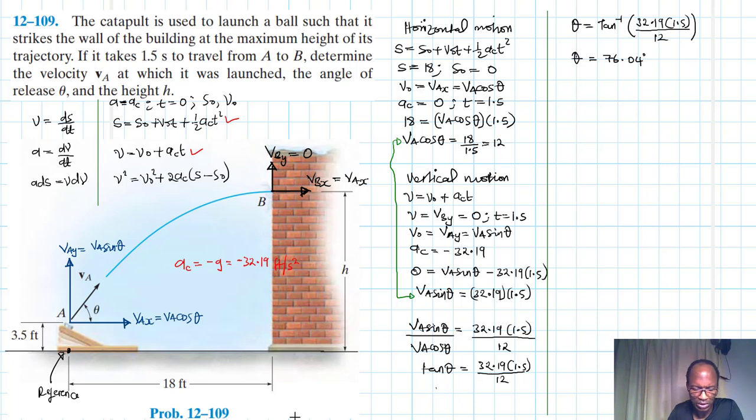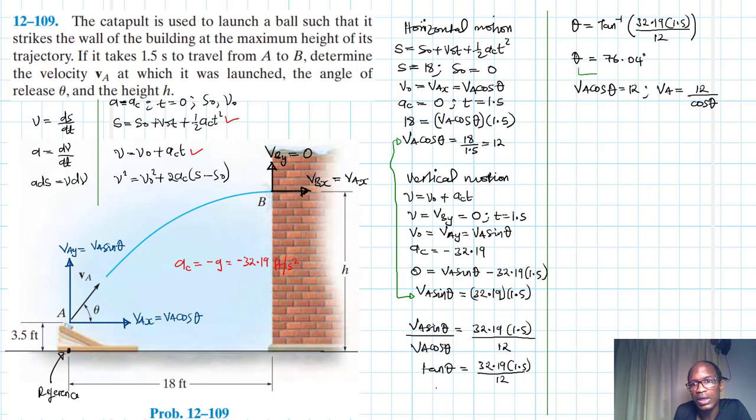So let me just work it out again. 32.19 by 1.5 divided by 12, tan inverse of that, 76.04. Alright, so found the angle, then we can go ahead and find VA. So let's use this equation to find VA. So we know that VA cos theta is equal to 12, and therefore our VA will be equal to 12 divided by cos theta.